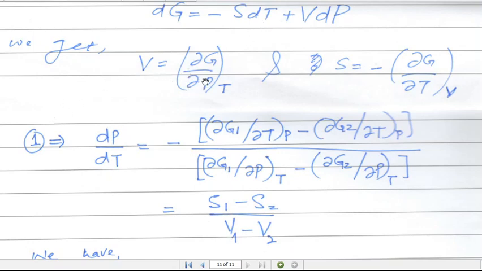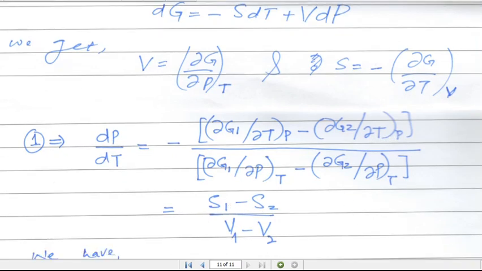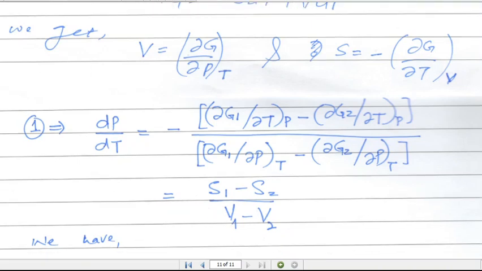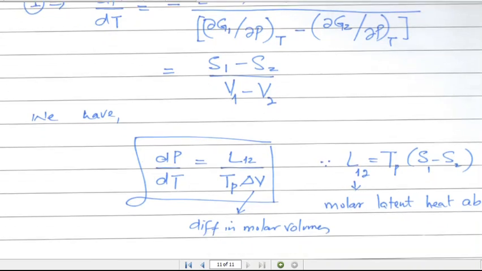So in this case, V will be equal to partial G by partial P at constant T, and S will be equal to minus partial G by partial T. So rearranging the last equation, we will get this expression, and putting the values of partial G1 by partial T and partial G2 by partial T at constant P, we will get S1 minus S2 divided by V1 minus V2, where S1 minus S2 is the change in entropies of the system, whereas V1 and V2 represent the difference in molar volumes at the phase transition.